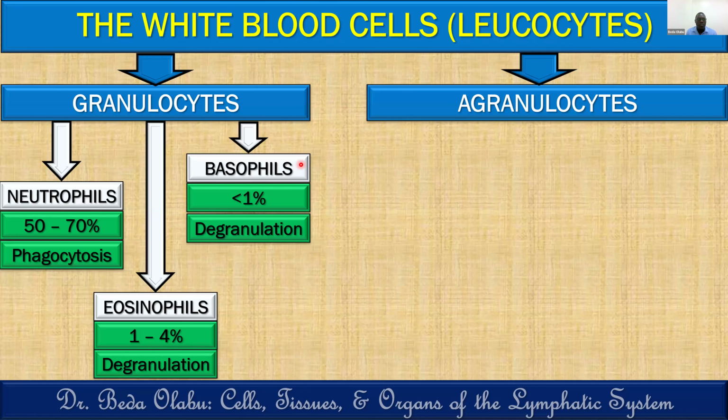We call them basophils when they're in the bloodstream. But when they leave the bloodstream and enter tissues and dwell there, they change their name from basophils to mast cells. But the key thing here is that they act by degranulation, releasing their granules into the extracellular space.